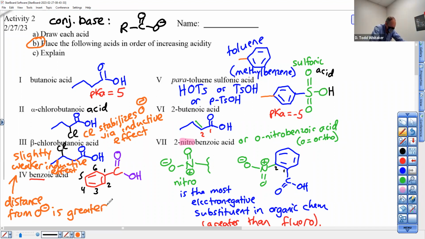And we were told that the nitro, NO2, has a very strong inductive effect, even though it's at a greater distance. Here's where I am on that so far.